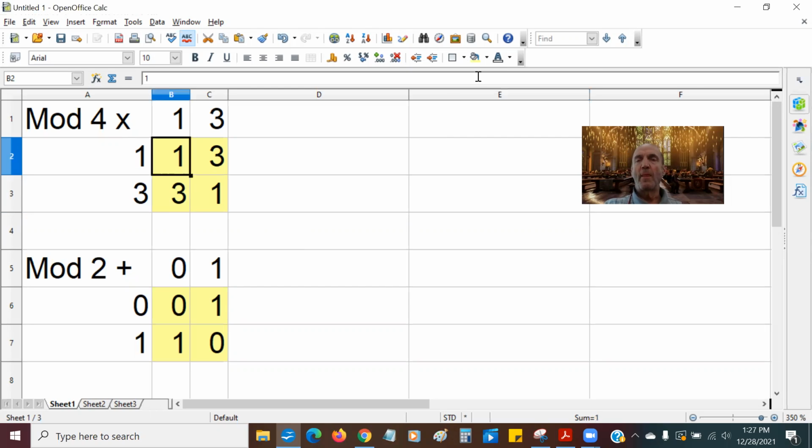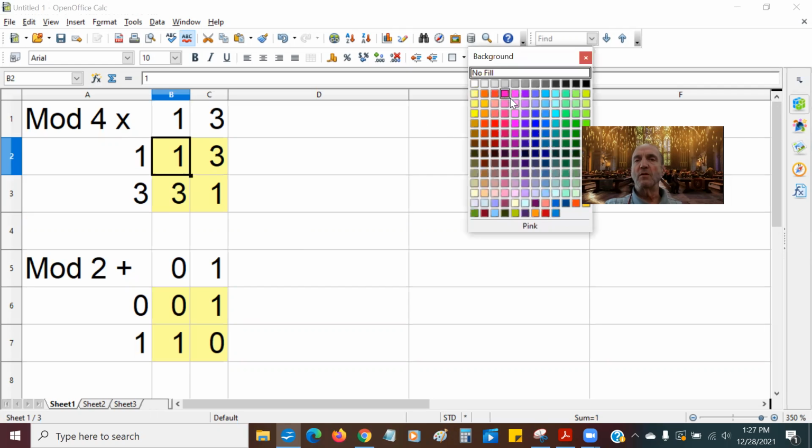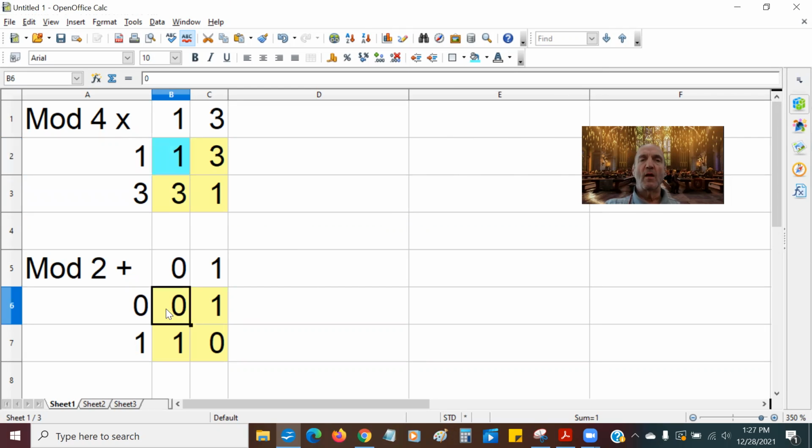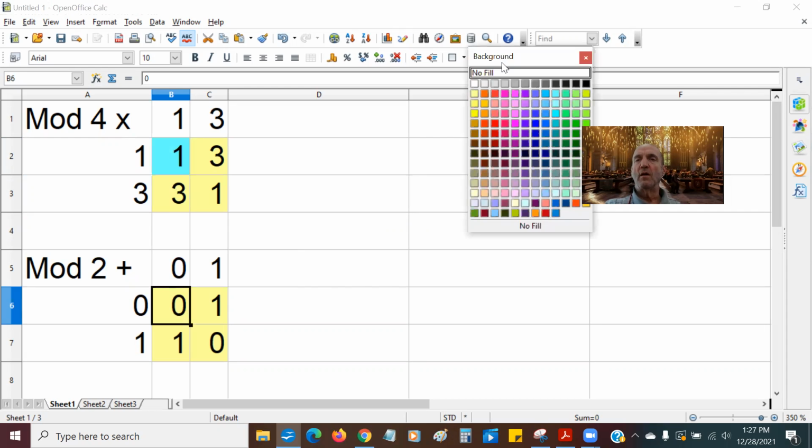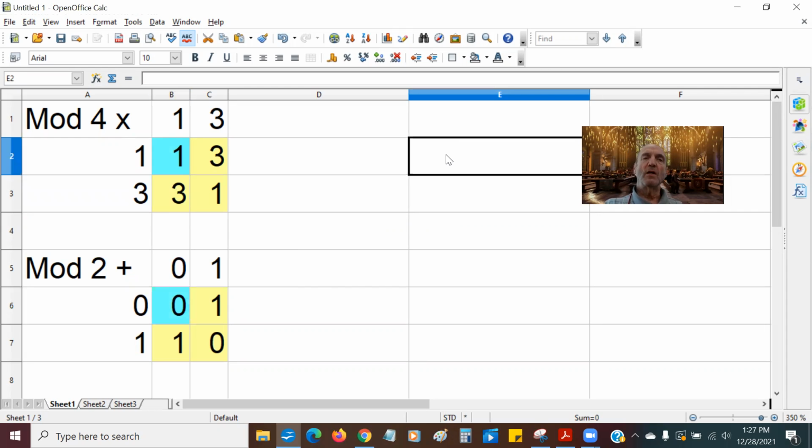Well, 1 and 0 are each the respective identity elements, because 1 is the identity element of multiplication and 0 is the identity element of addition. So it really works out that we really do have an isomorphism here.